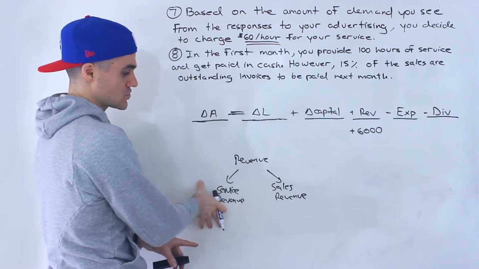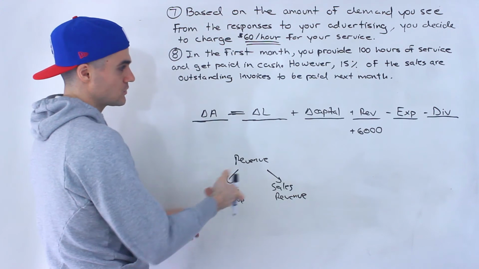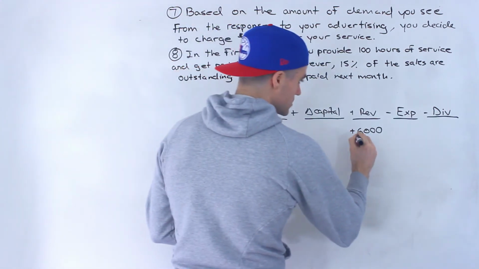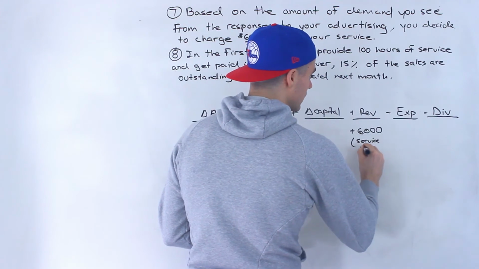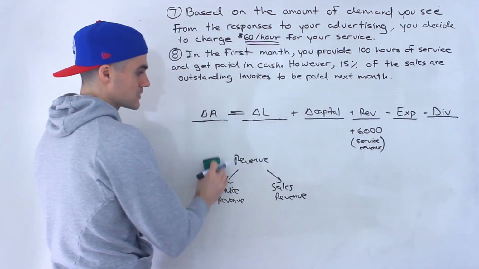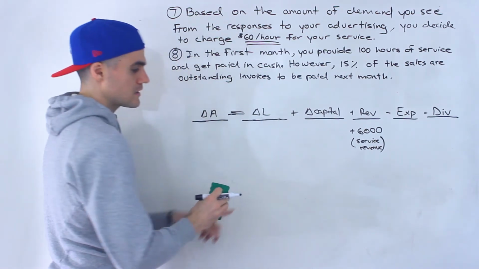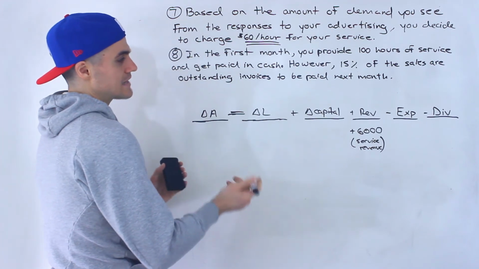This business is a service type of business. So you can start getting into a little bit more detail with the revenue. So this $6,000, I'm going to call it service revenue. Now, if you were selling a physical product, let's say your company was selling clothes, for example, then it would be sales revenue.